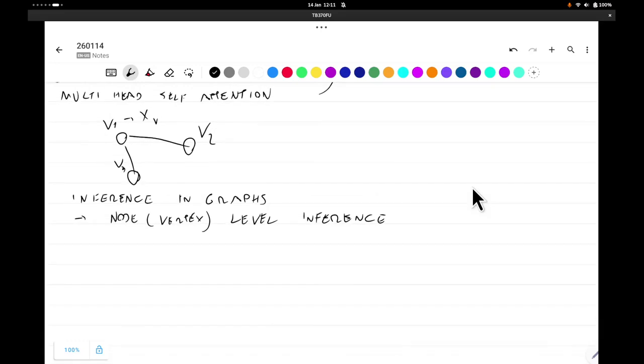We train some model, which will be, in a second, a neural network or a graph network, on a graph or a set of graphs, and then we say I have a node, a vertex, for which I don't have information. This X_v, the information on that particular vertex, is not known, but let's say I know the connections of this node, and then I can make predictions on the properties of the node based on what?